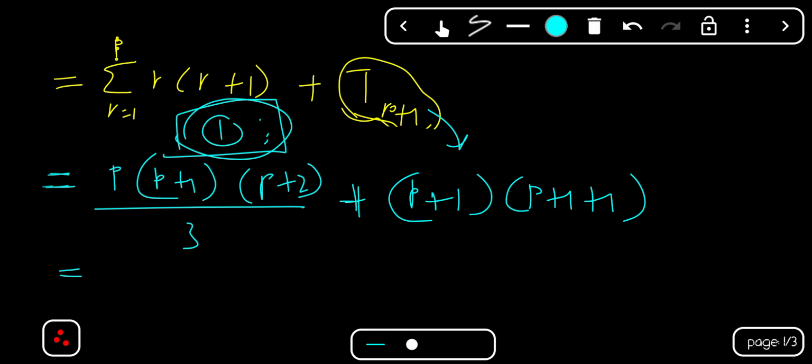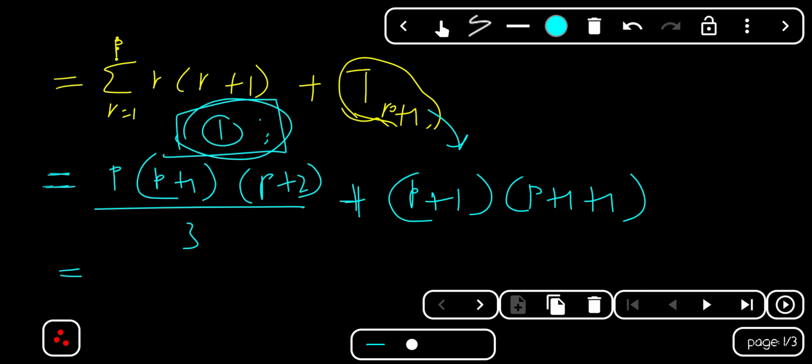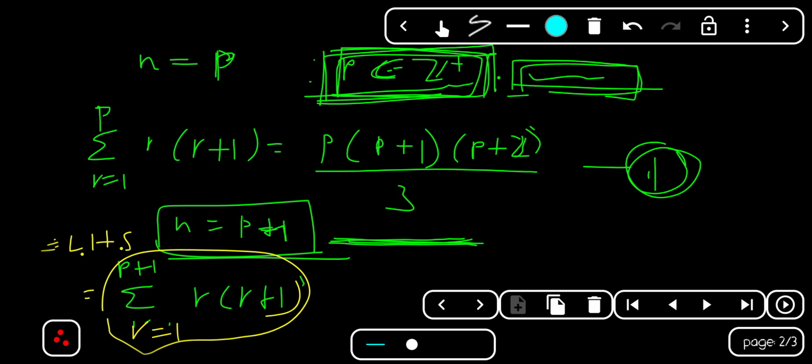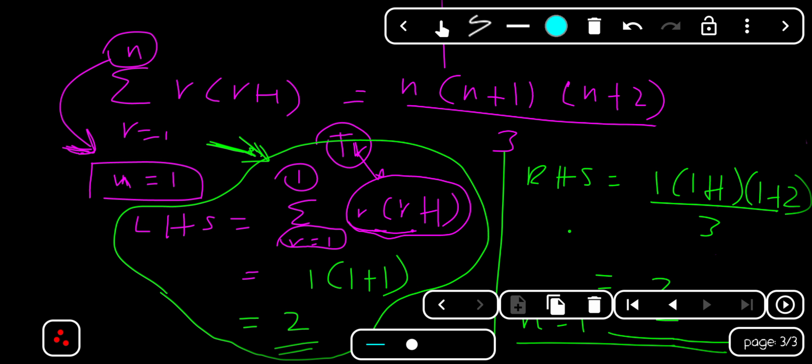Then what you have to show? Instead of n, everywhere there must be p plus 1. I'll explain the theory behind that later; it's very complicated and you have to understand it properly. For now, I'll show you how to do that.